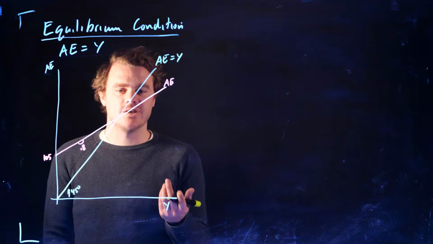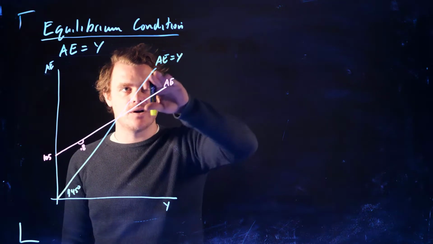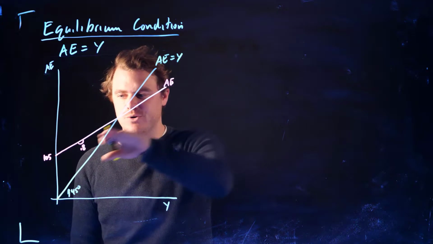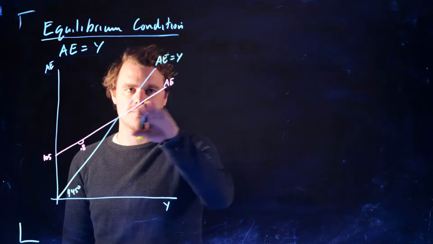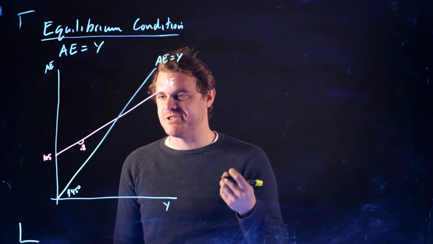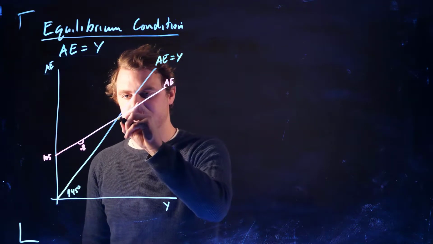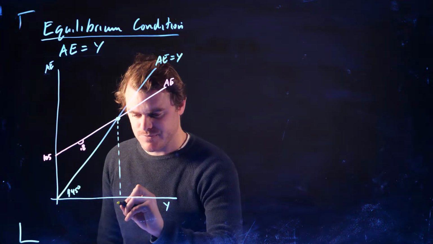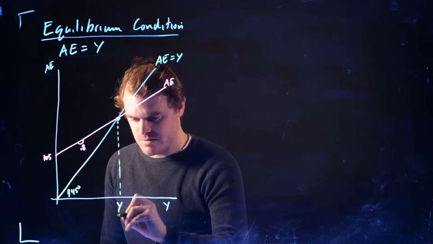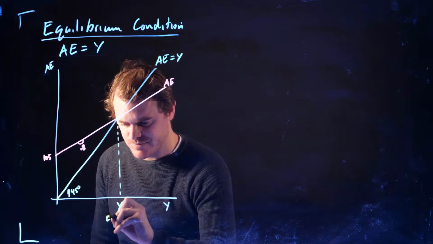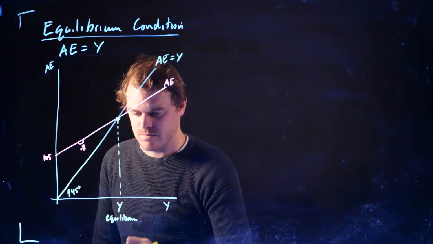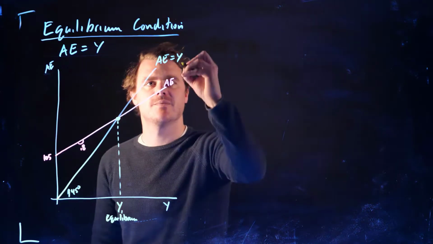And so if we wanted to solve for equilibrium, we just have to see where this equilibrium condition crosses through this AE function, or where the AE function crosses through this equilibrium condition, which is probably a better way of thinking about it. So this is our equilibrium level of Y. Maybe I'll just call it Y1 for now.